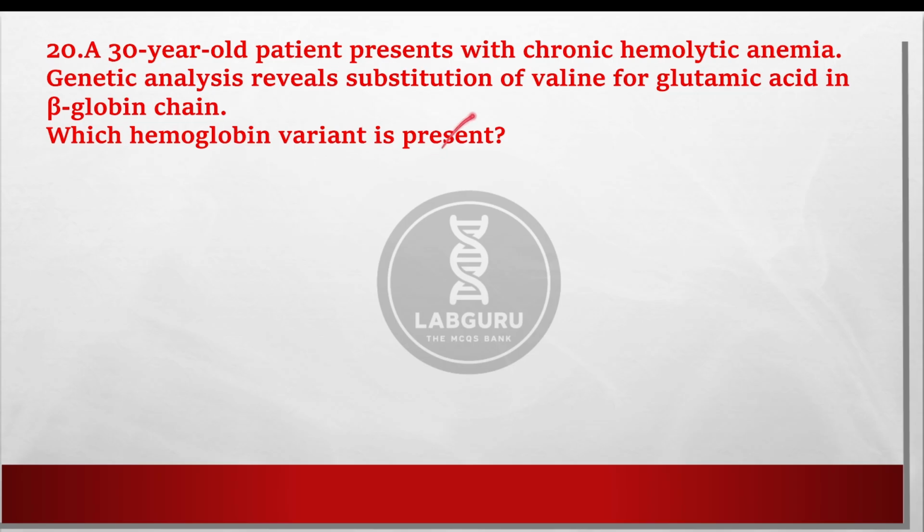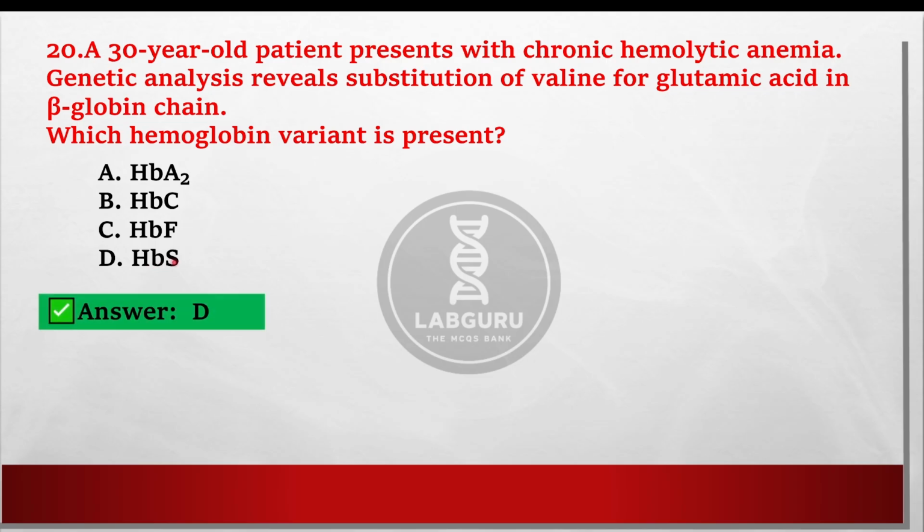The options are option A, HbA2, option B, HbC, also called Cooley's hemoglobin, option C, HbF, fetal hemoglobin, and option D, HbS, that is the sickle hemoglobin.